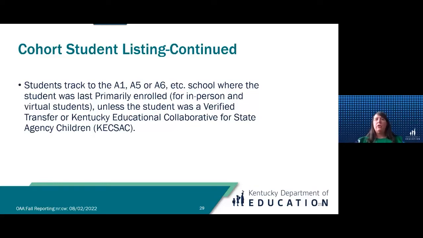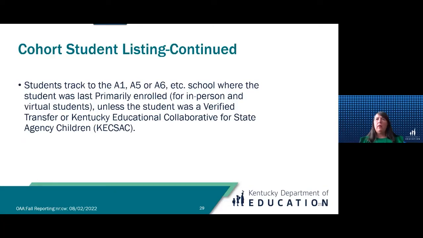Then those students are going to track back to where they were last primarily enrolled, unless you've got a verified transfer of a student who was somewhere else besides that particular school. That's why it's very important that the withdrawal codes in Infinite Campus for cohort are completely filled out.